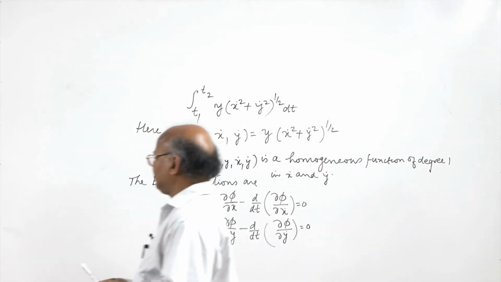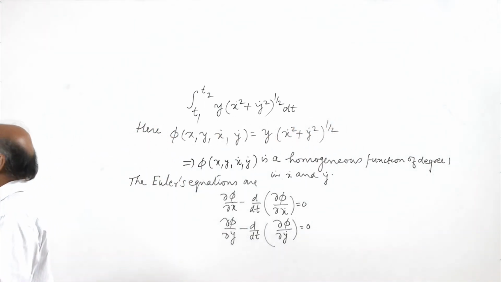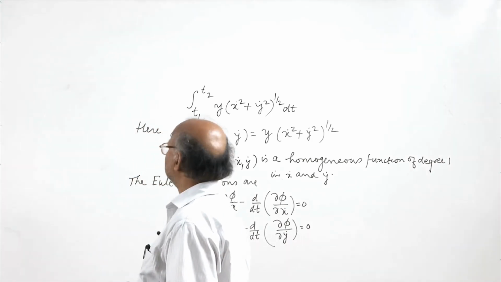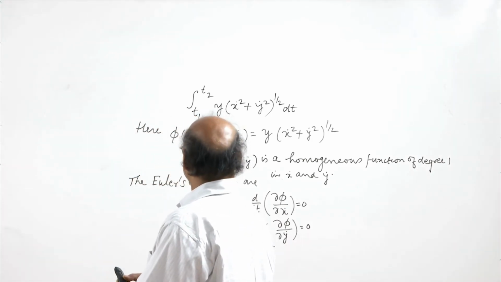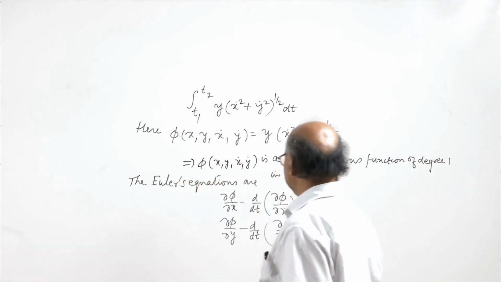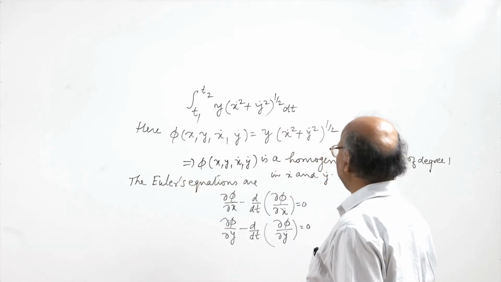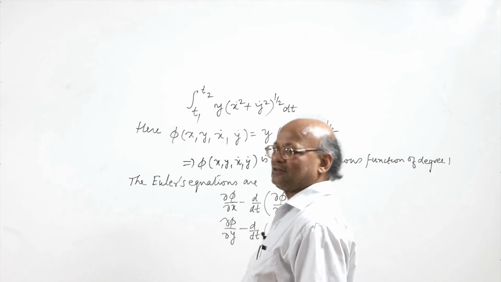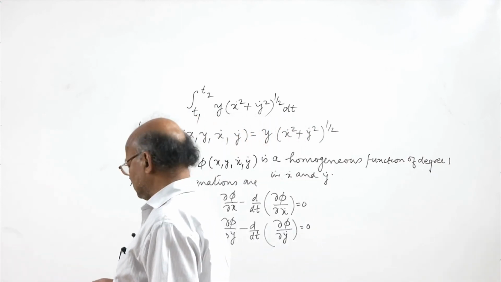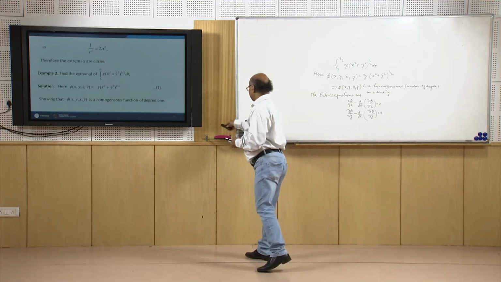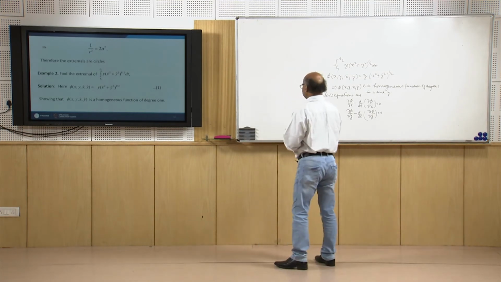Now we will pick up one equation from here and find the extremals of the given problem, and then we show that the second equation is not independent of the first equation. If we solve the second equation, there also we will get the same extremals. So let us take the first equation here.